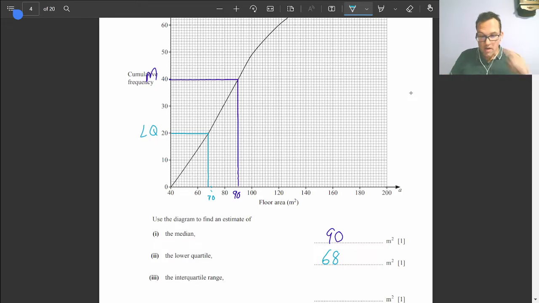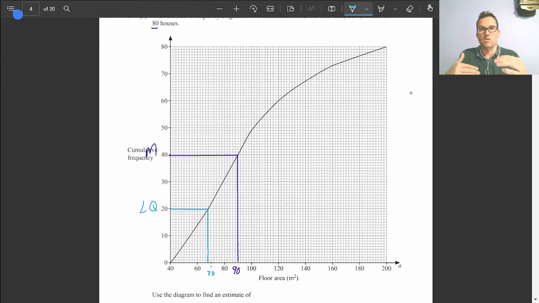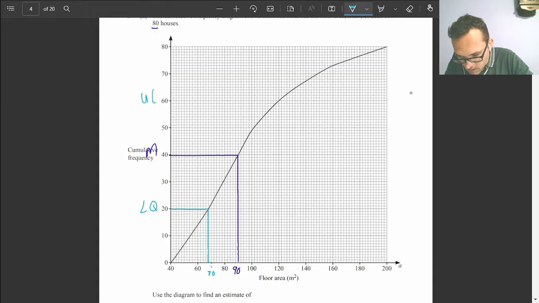The interquartile range means now we need to have the upper quartile as well. So let's do that. So upper quartile is the half of the top half, or 3/4. 3/4 of 80 is 60, or 75% of 80 is 60. Okay, either way, the upper quartile will be there at 60. So again, working accurately.